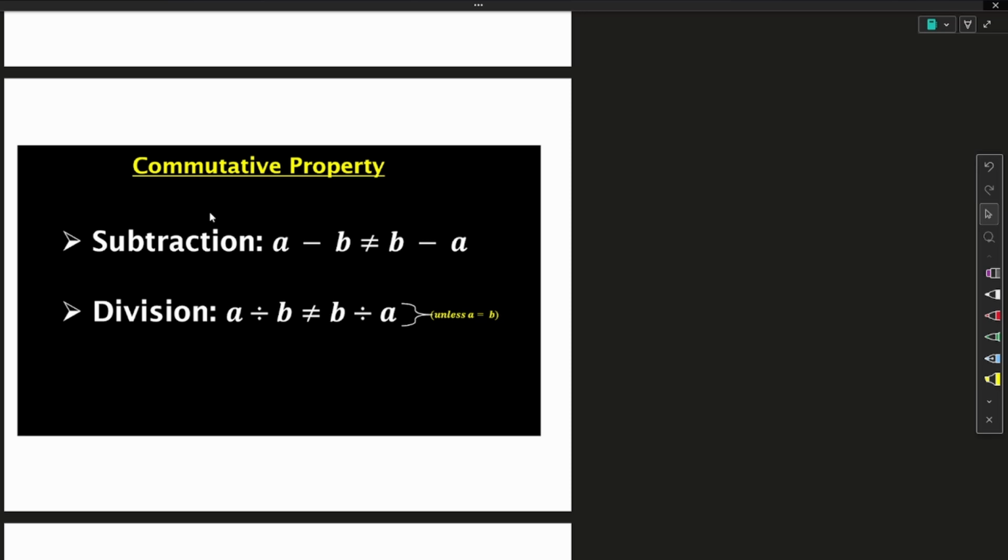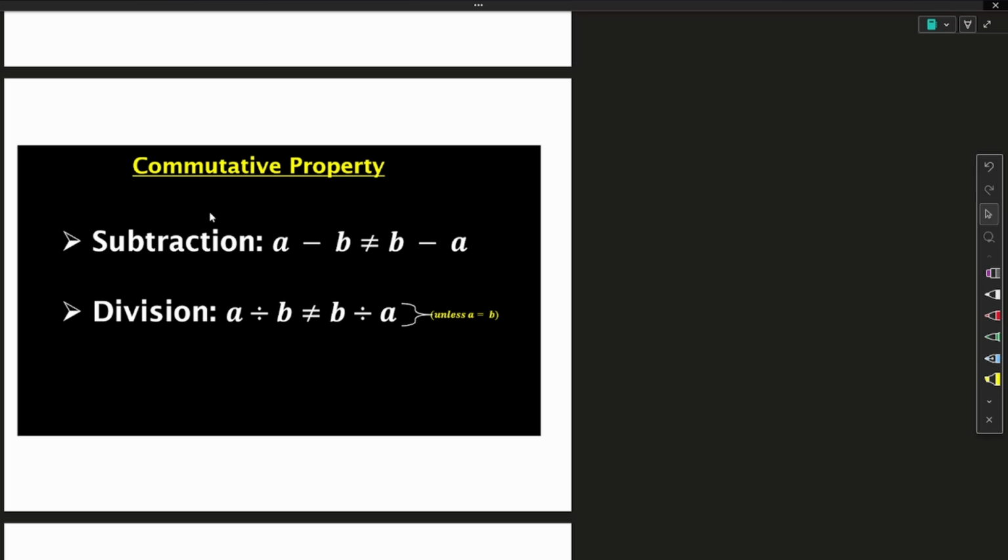Now, what about the commutative property for subtraction and division? Now, here is an important question. Does the commutative property apply to subtraction and division? The answer is no. So let's see the reason why.